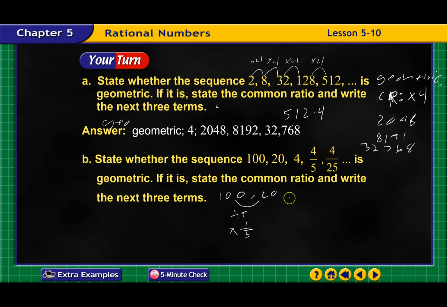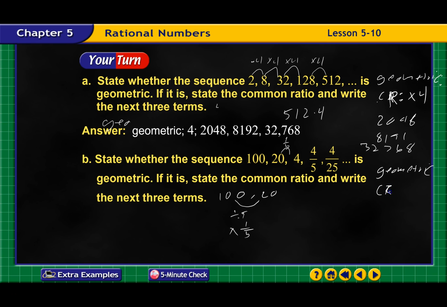So times 1 over 5. Same thing here: 20 times 1 over 5. Looks like we're getting the pattern here. Wait, does it go all the way across, or is it going to change on me? 4 divided by 5 would be 4 over 5. Yep, so it is. So I'd say geometric.